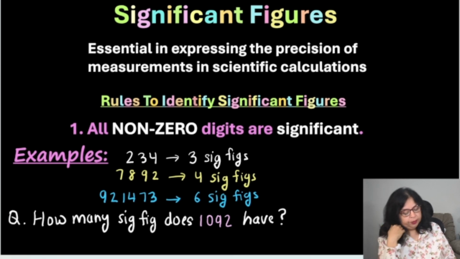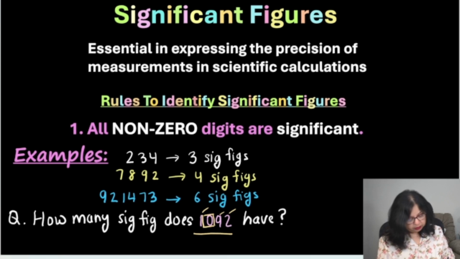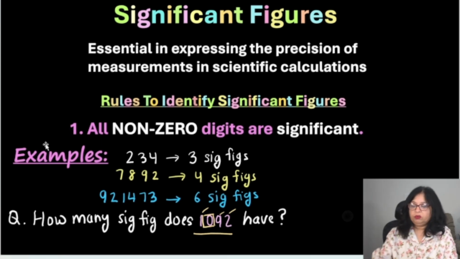So here's a question for you. How many sig figs does 1092 have? So here we know that 1, 9, 2, these are non-zero digits, so therefore it has at least 3 sig figs. But how about this 0 right here? To answer this question, we're going to look at captive zeros.